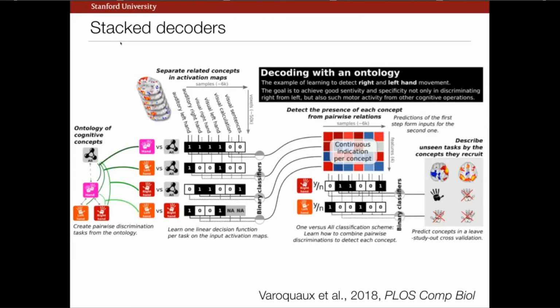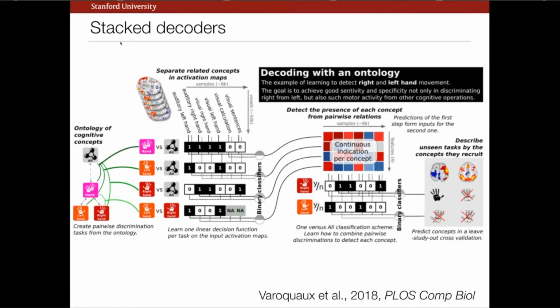Then for any new image, you put together the predictions for all of those different classifiers into a common space, and then you can make predictions about each of the different features, so that now if we have an image, we can say which of the particular ontological features we think is giving rise to that image.